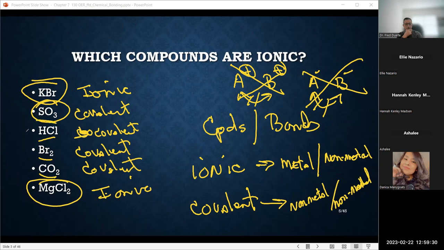This is what's in our stomach, HCl, hydrochloric acid. Now, here's the thing about HCl when we name it. When it's just hydrogen chloride gas, it is called hydrogen chloride. But when it's in a solution, HCl aqueous in water, it's called hydrochloric acid.